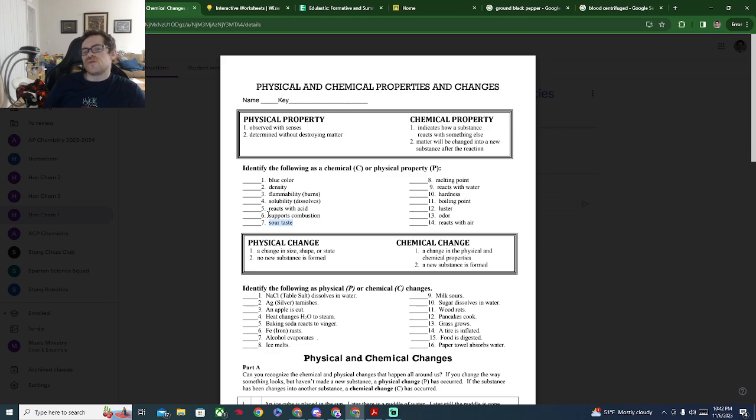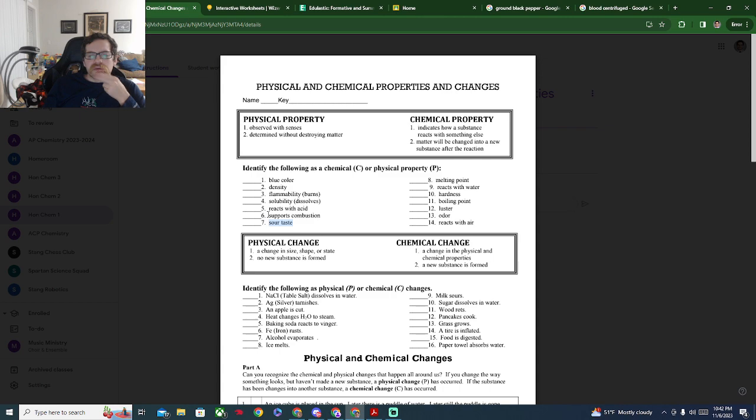You don't need to change it into a new substance to observe it, because you could instead just have kind of a short direction. Like if I taste sugar, the sugar isn't changing into a new substance. What it's doing is it's coming into my mouth and it is interacting with my taste buds.